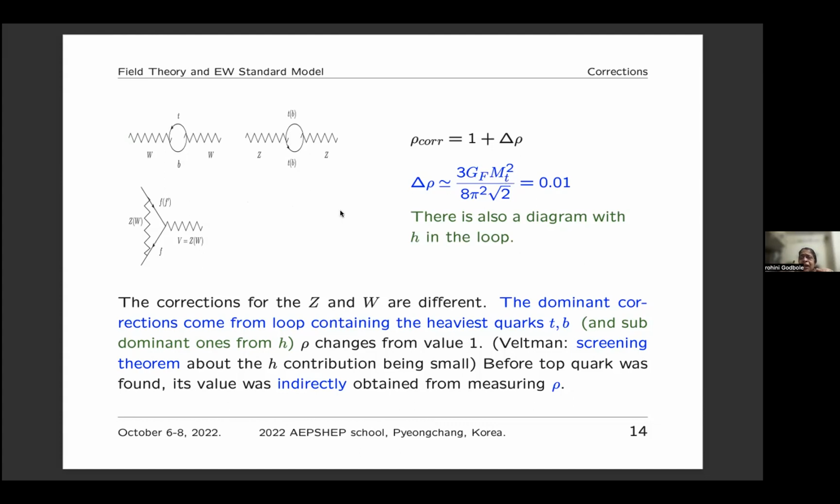So this MF squared dependency is really happening because of the Higgs mechanism itself, that the W and the Z get their masses from the Higgs mechanism.